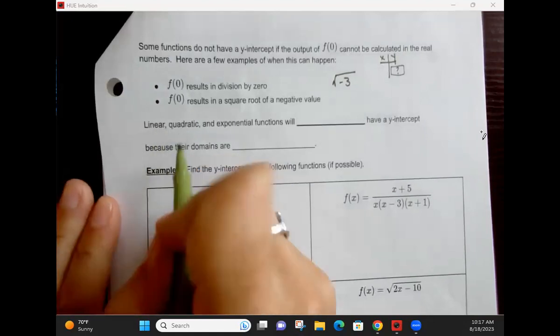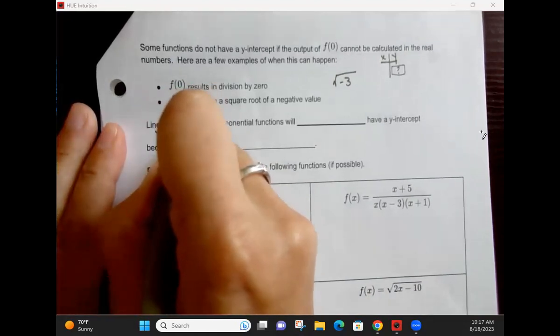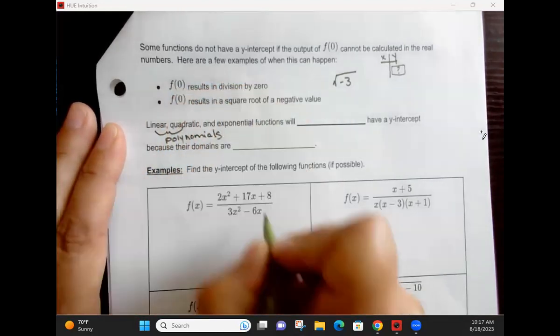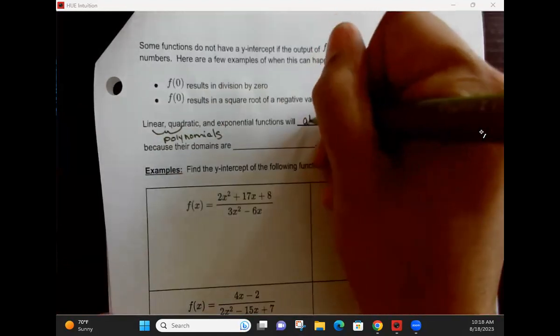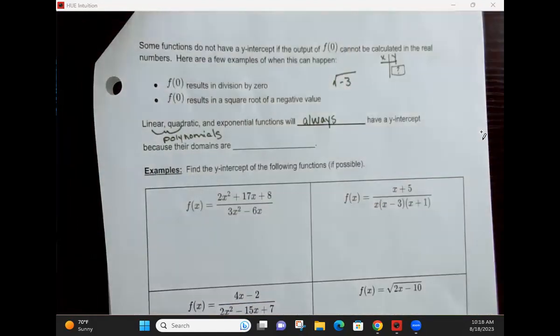Linear functions, quadratic functions, other polynomials, exponential functions will always have a y-intercept. They're always going to have a y-intercept because we don't need to exclude any values from their domains.